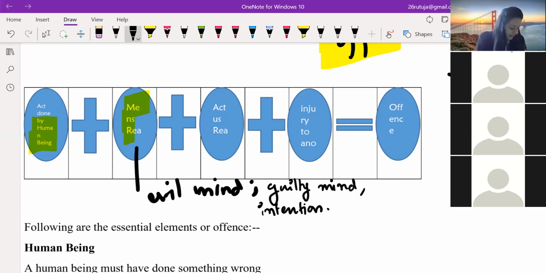So when I say mens rea, इसका मतलब क्या होता है? Mens rea मतलब कि आपने जो ऑफेंस किया है, क्या उसमें कुछ इंटेंशन था? Whether you have done it intentionally. अब जब घर पे कोई चोरी करने के लिए आता है तो वो अचानक से नहीं होता है, राइट?